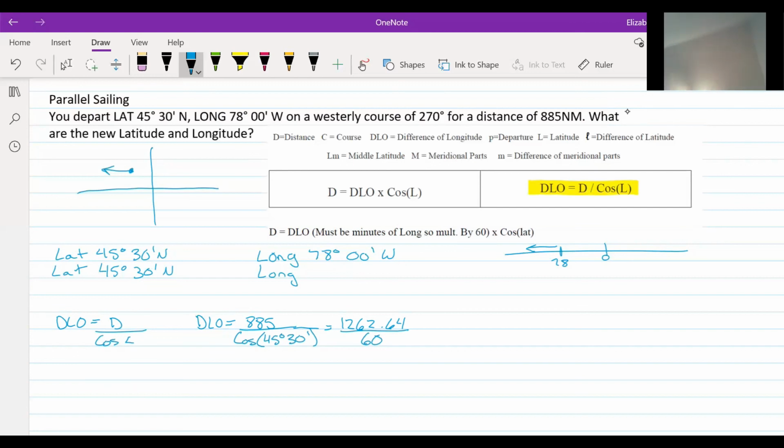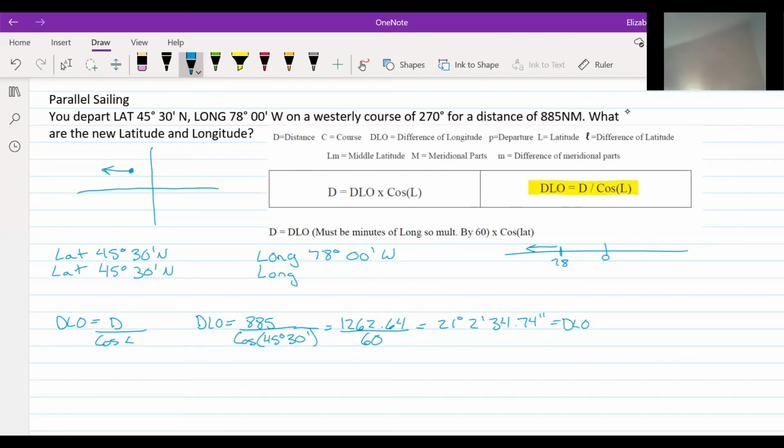So we divide the number by 60, which equals 21 degrees, 2 minutes, 34.74 seconds. It is important to know that you do need the whole number. And this is our D low, so we're not done yet.